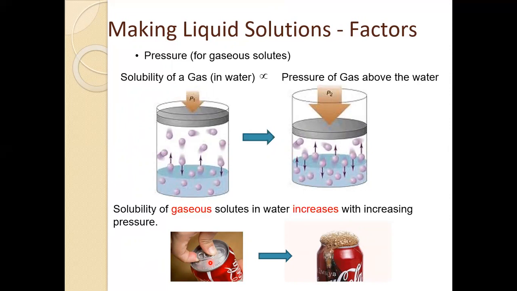As soon as that happens, the solubility of carbon dioxide in the soda will decrease. Then over time, the carbon dioxide will escape, and the soda will lose a lot of its flavor. So those are some factors we can change to influence the solubility of substances in water: temperature and pressure.